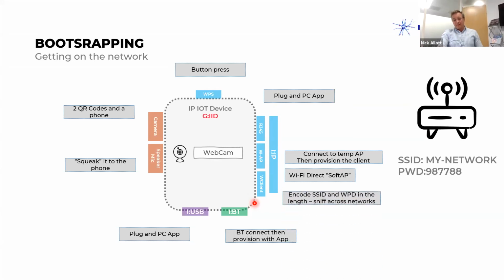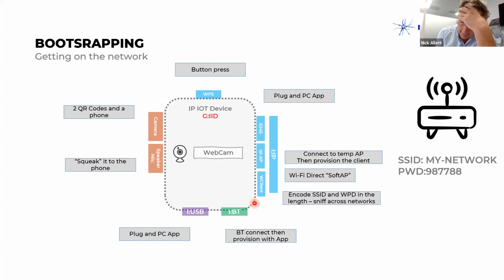And this is one of my favorites. I think it's a Texas Instruments PAN protocol, but I found it by accident the other day. I've seen this happen. Some devices actually encode your Wi-Fi credentials in the length of the encrypted packets.